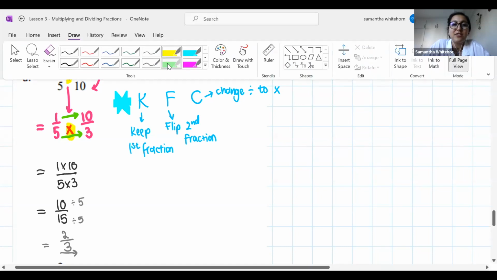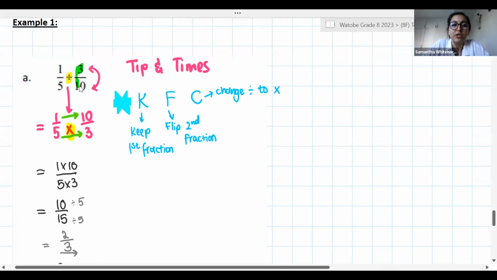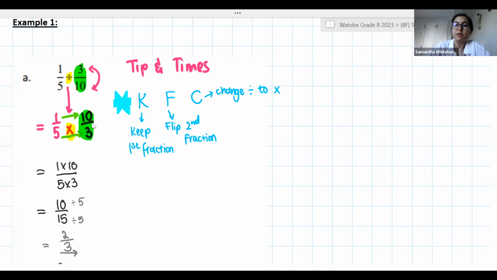And only the second fraction, the fraction after the division sign, must flip. We must swap the numerator and denominator around in order to multiply accurately. So that is how we divide with fractions. We tip and we times.